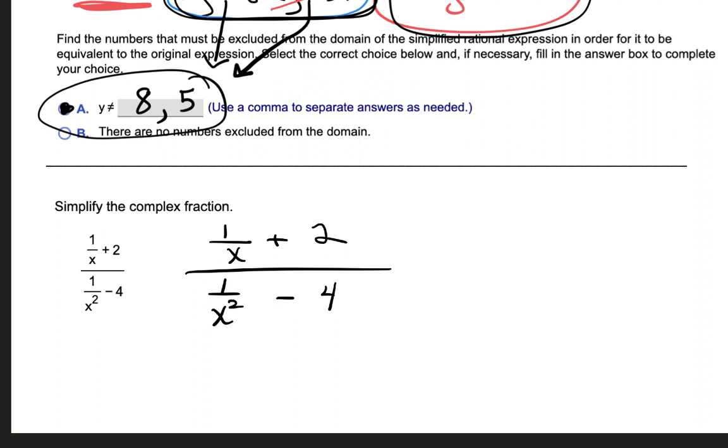I look at all the fractions. I have 1 over x and 1 over x squared. Find a common denominator, which in this case would be x squared. You can multiply every single term by that. You have to multiply every single one so as not to throw it off at all.